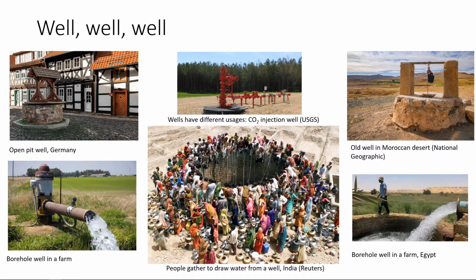Or if you want to inject any fluid into the ground, for example when we are injecting this CO2, which is not quite a fluid, it's supercritical, something similar to a fluid. Or for different purposes like fracking, where you inject fluids to break the rock so you can get non-traditional oil and gas resources. So that would be another use of a well.